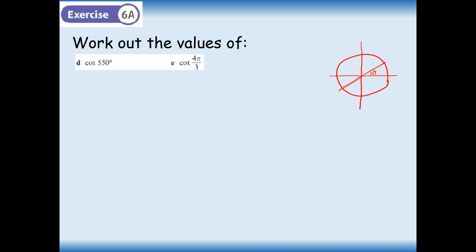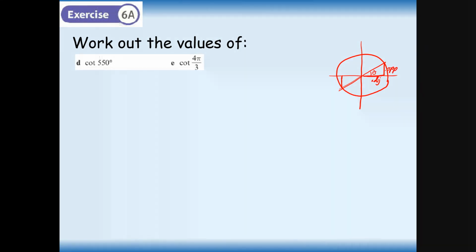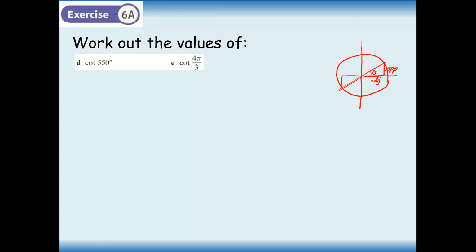So the tangent of this angle is the same as the tangent of this angle, because we are dividing opposite by adjacent. For the sign to be positive, it would be positive opposite and adjacent, and dividing these two negative values would give you a positive answer as well.